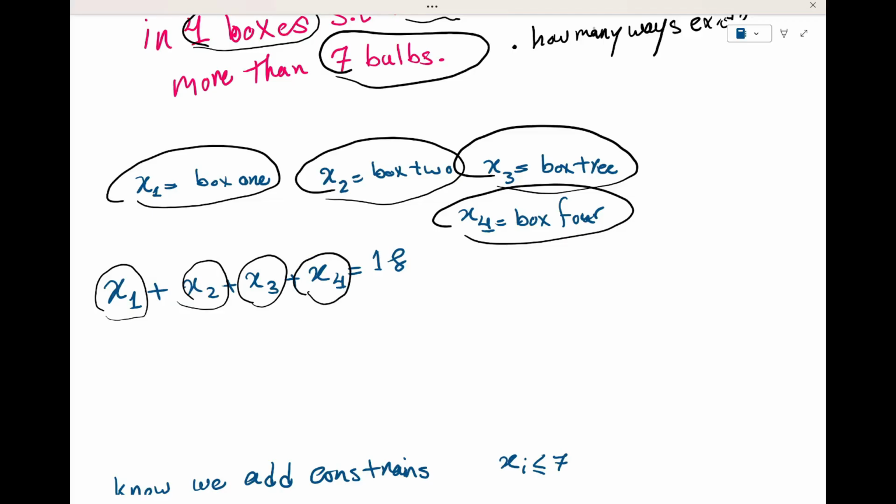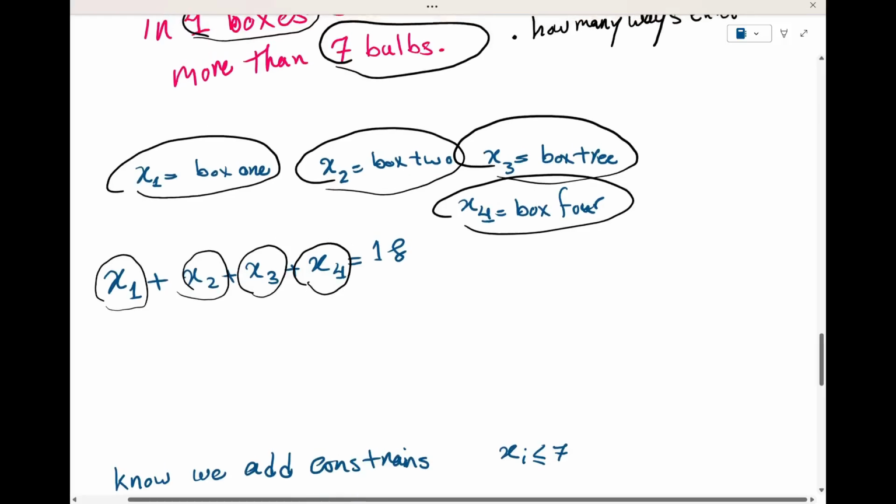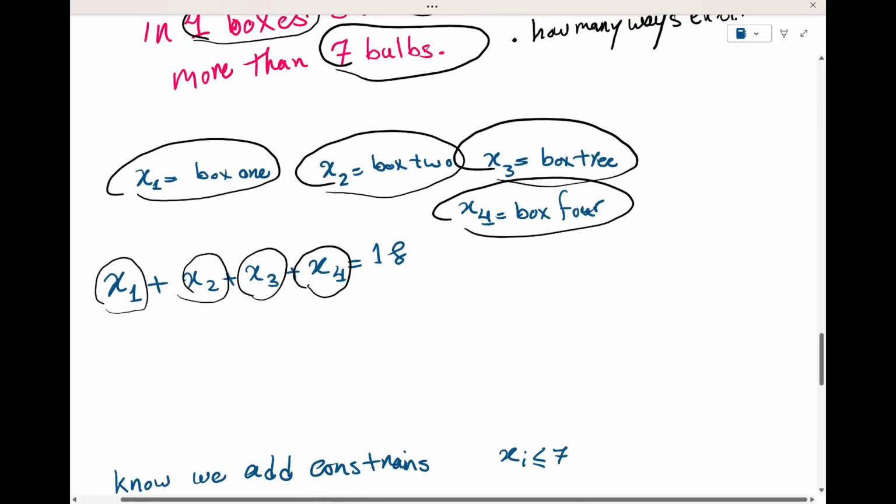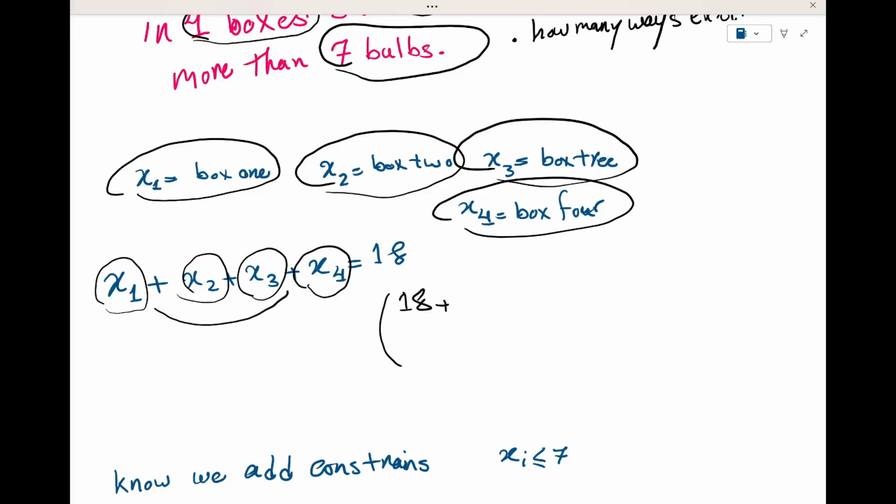If you consider we had no constraints, it is something like this, and you know these variables are integers, yes? By combinatorics, we know the answer is 18 plus 4 minus 1, over 4 minus 1, and that is the combination of 3 from 21, and if you calculate this it is 1330.